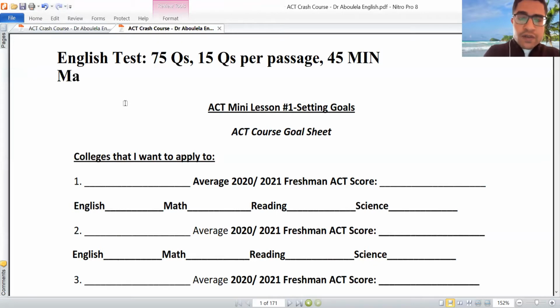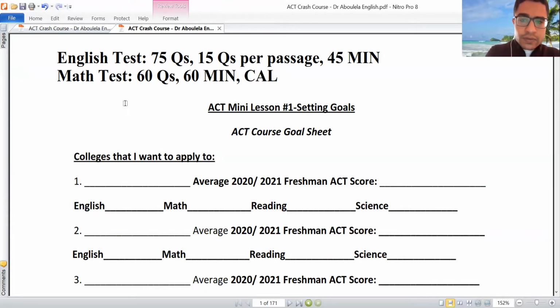And then you have the math test. The math test has 60 questions in 60 minutes, and the calculator is allowed. Then you have the reading test.